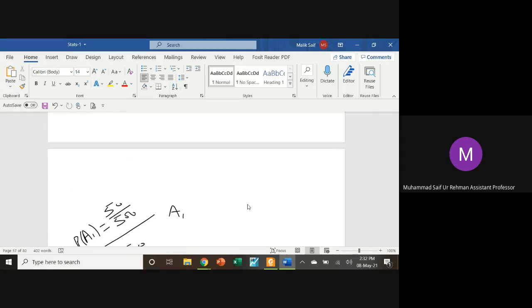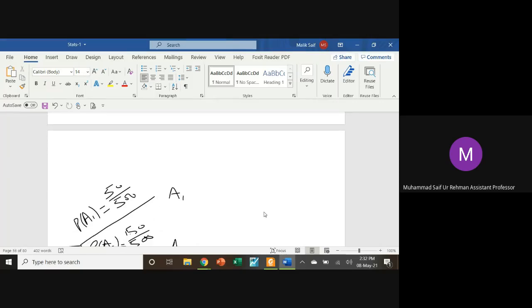So how will you write down those conditional probabilities? For that, there are three possibilities. Let's say for A1, you will drag branches from A1. There will be three branches.